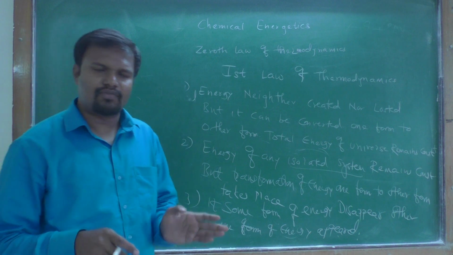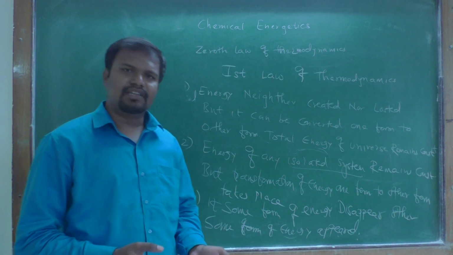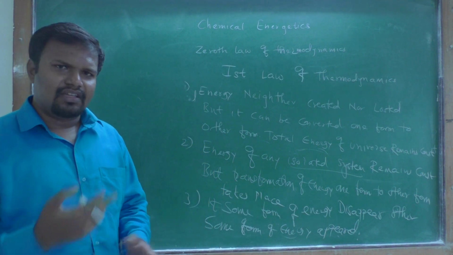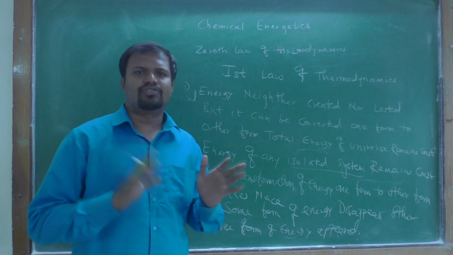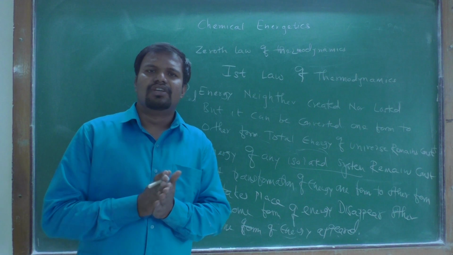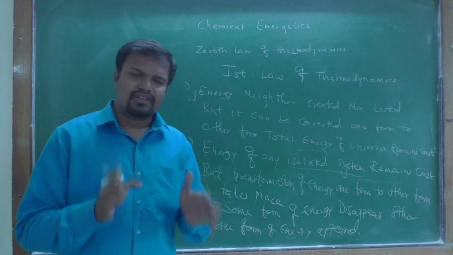Energy can be transferred from one form to another. Chemical energy is converted into mechanical energy. Light energy is converted into chemical energy. There are a number of forms and interconversion takes place, but the total energy of the universe remains constant, or the total energy of any isolated system remains constant.